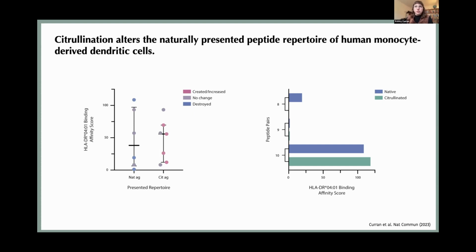we find 3 possible outcomes. So either the enhancement of binding upon citrullination, the ablation of binding, or no change in binding upon citrullination. And this is in line with existing literature, where some studies have found an enhancement of binding of certain peptides when they're citrullinated to different shared epitope alleles, whereas others find really no change.